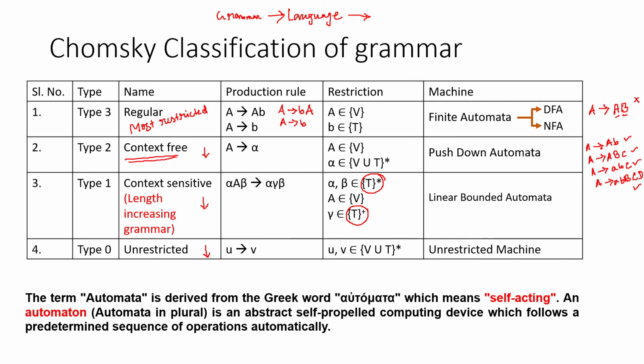Suppose that suddenly tomorrow you realize that you want to generate your own language. So what you will do, you will start noting down your alphabets and all. You will create your own set of production rules for generating various sentences or strings of your language.